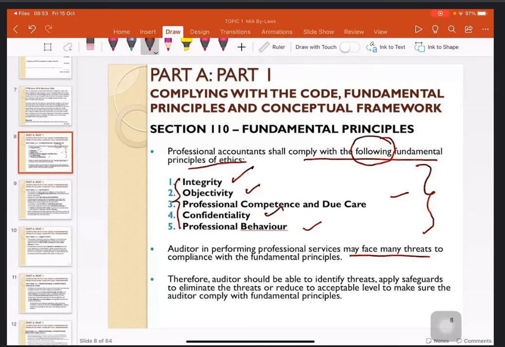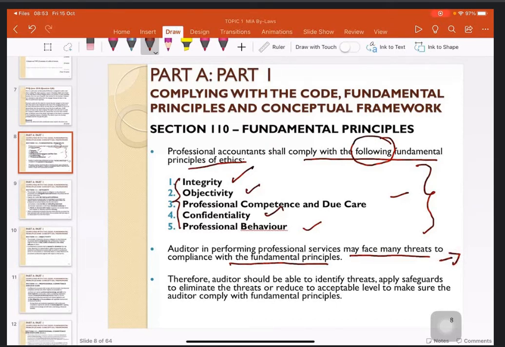Okay? Tetapi as you buat kerja as the auditor, you might face the situation where you face some threat, okay, to comply where you not be able, the cause of that threat, you not be able to follow that fundamental principle. Okay, itu this one kita panggil sebagai conceptual framework.